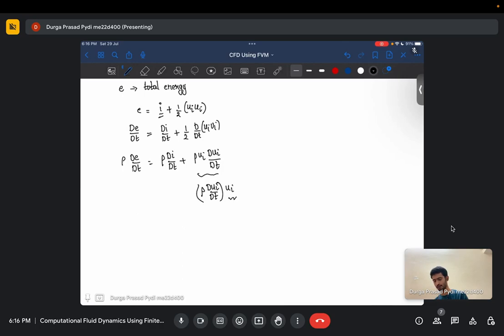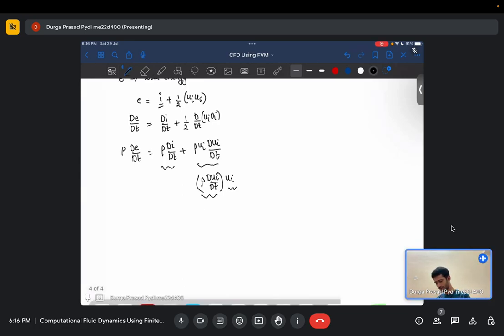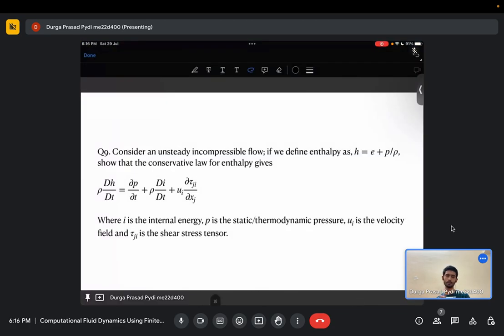This is essentially your velocity term, and this is your force term. So your total energy, you are again coming in terms of either the internal energy, or it has to be some power or work term. The question is essentially asking to relate it with respect to the enthalpy.